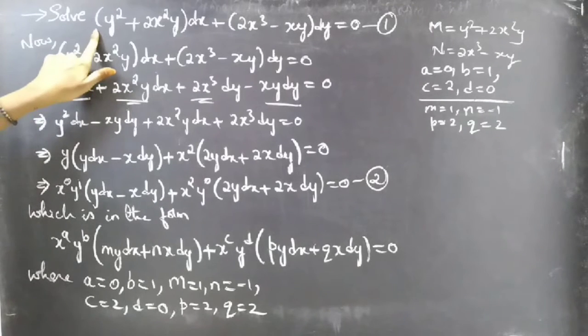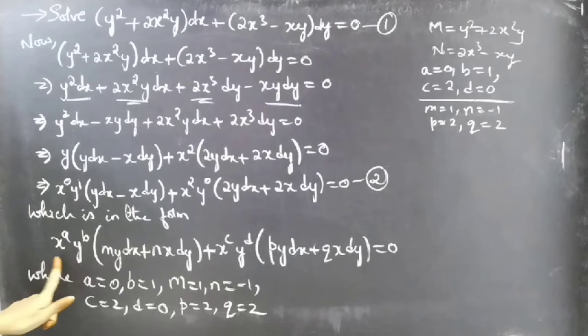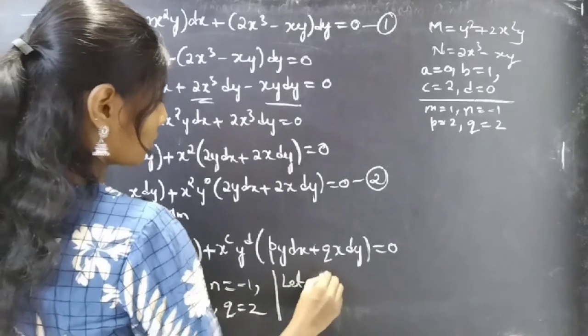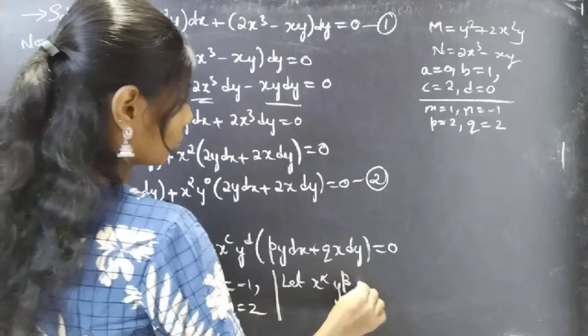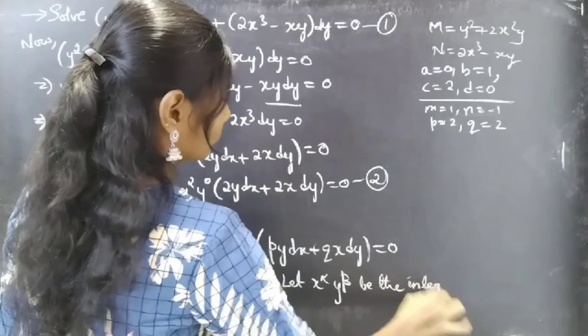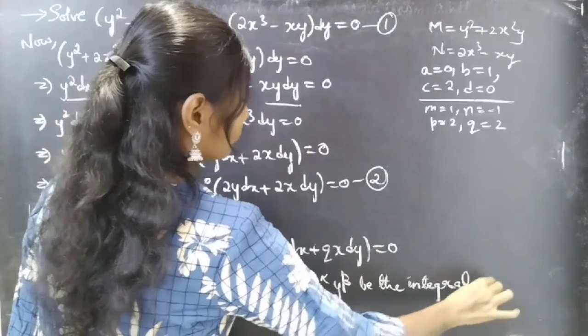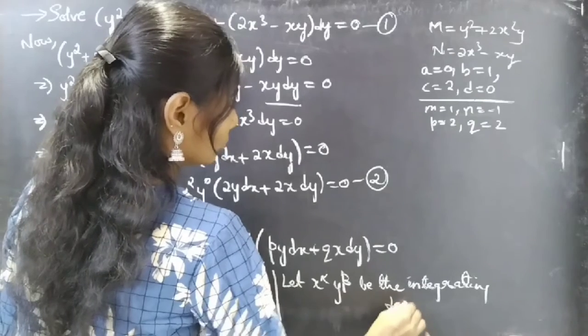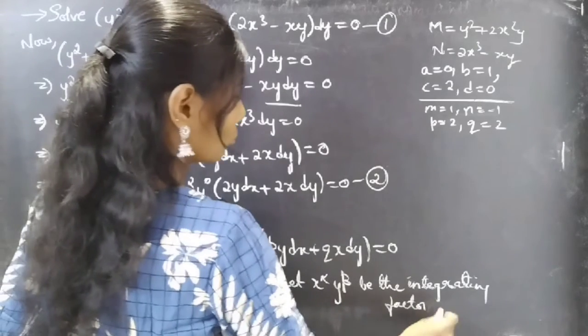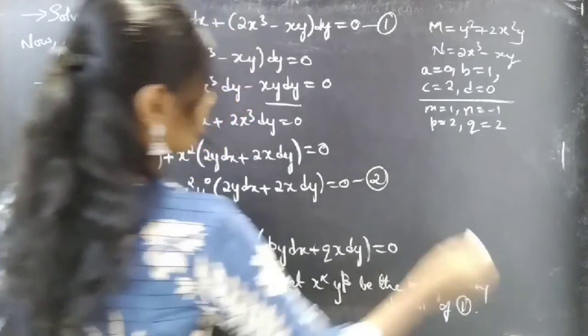Since the given differential equation can be written in this form, here x power alpha y power beta is the integrating factor. Let x power alpha y power beta be the integrating factor of equation 1, that is the given differential equation.